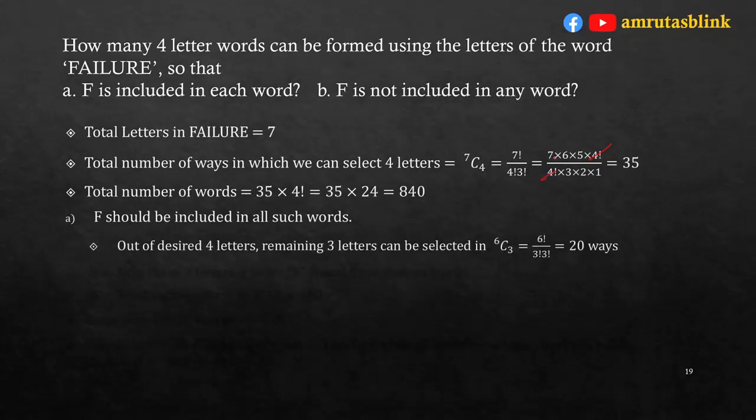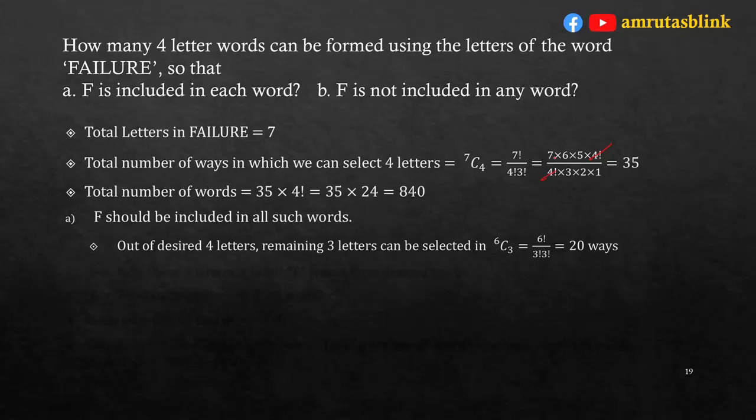Now F is out of 7. Now we just have 6 choices, because in each word we need to include F. So out of remaining 6 letters, we just need to pick 3 of them. So 6C3, there are 6C3 ways of selection of the letters.